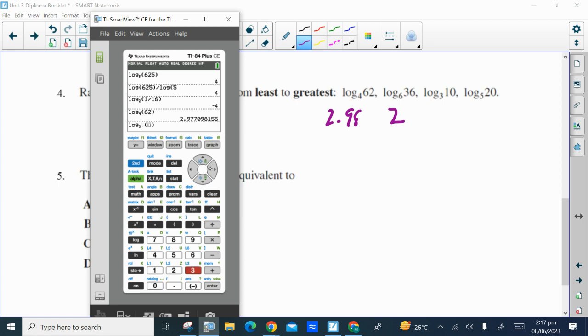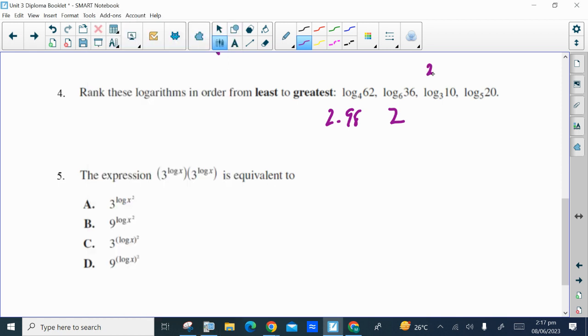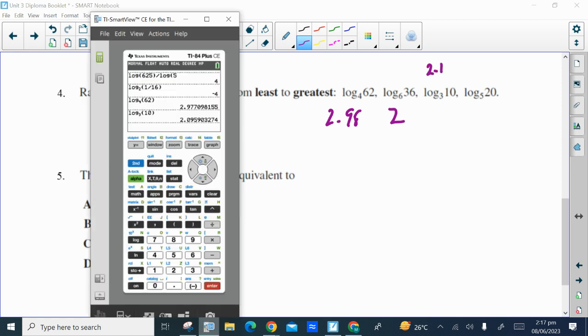Log base 3 of 10, 2.1 approximately, and log base 5 of 20, approximately 1.9.